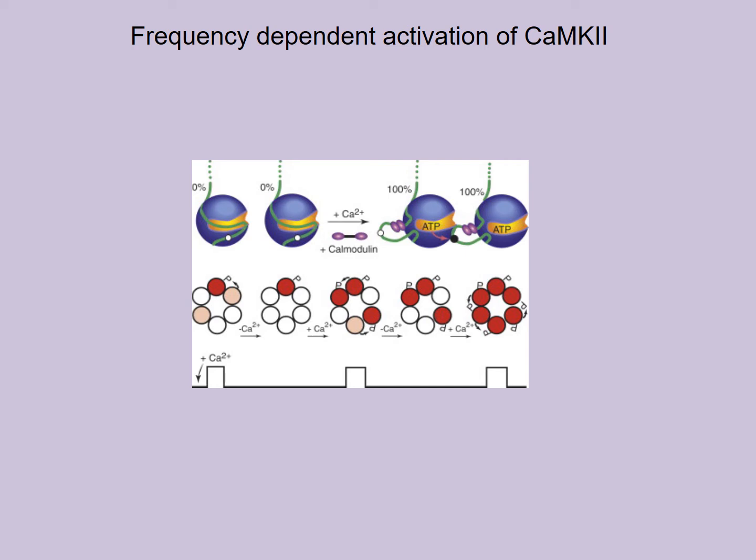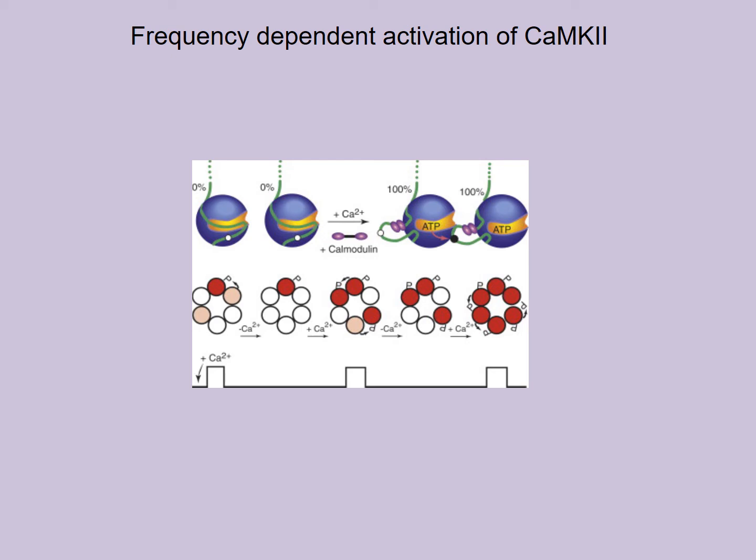So if we have low frequency events, as shown in the beginning, the pink and the red are both activated, the ones that have bound calcium calmodulin, but the red one is the one that's phosphorylated and the pink one just has bound calcium calmodulin. So at low frequency, these subunits that bind calcium calmodulin may be able to phosphorylate the next subunit, but then they're going to come off, so you will not be able to propagate this.